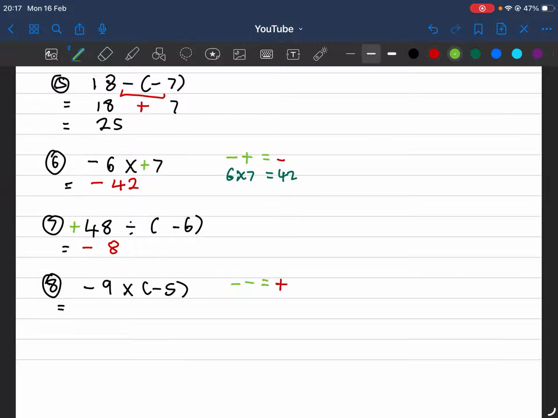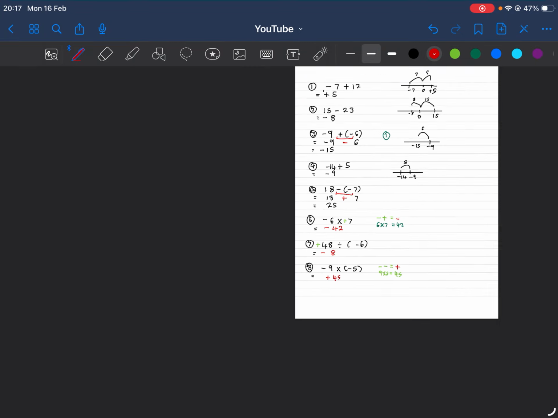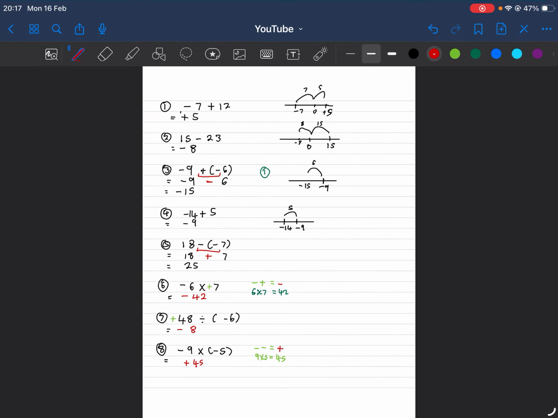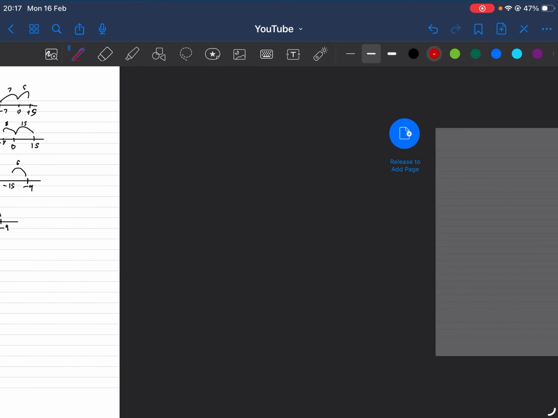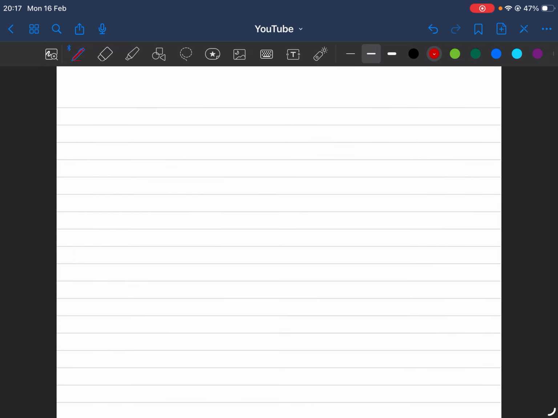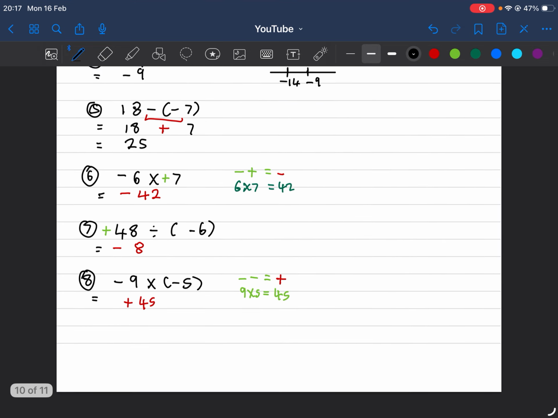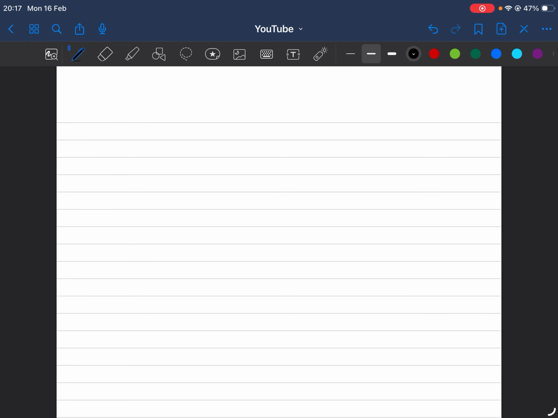And then you've got 9 times 5, which is going to give you what? 45. So your answer should be positive 45. Alright. I'm going to stop there with the multiplication and division. Let's make it interesting now. Let's put them together. So we did question 8. Let's do question 9.